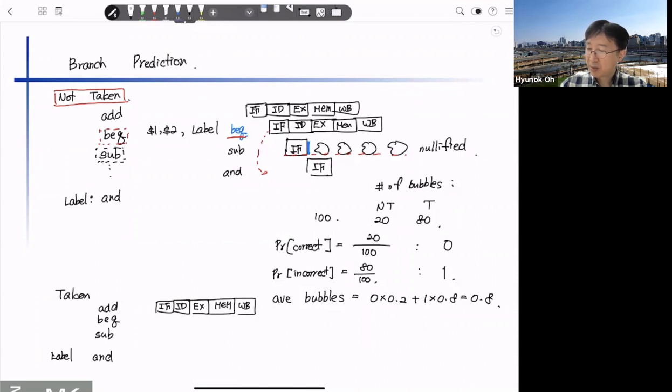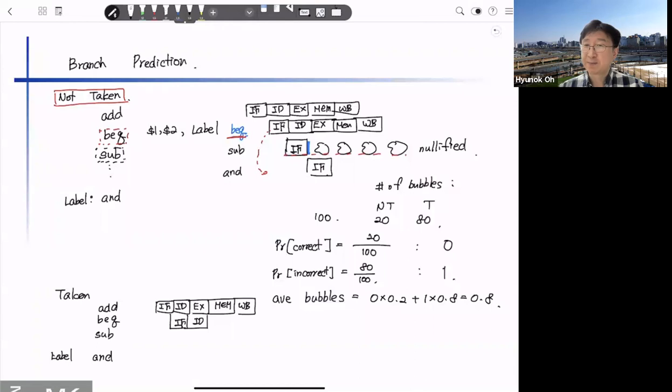And branch equal is starting here with instruction fetch, and at the end of the instruction decode stage, we know whether it's a branch and which instruction is to be executed in the taken mode, between subtraction and the one at the label.